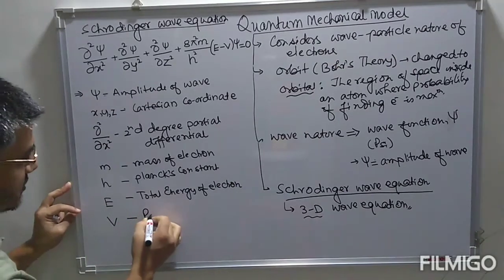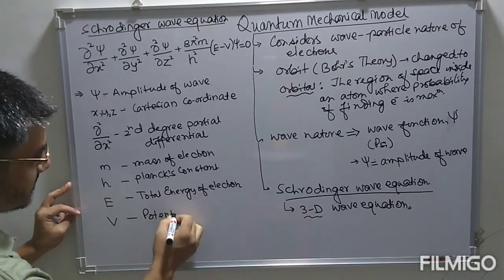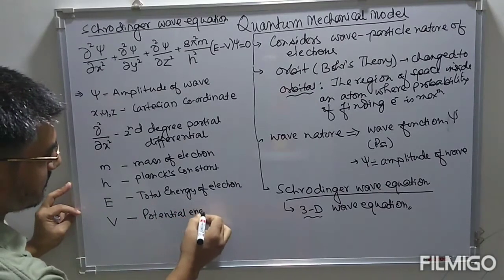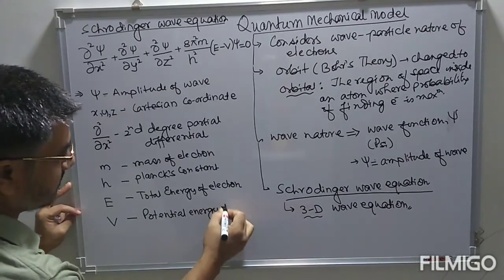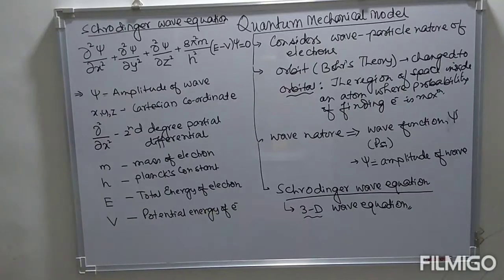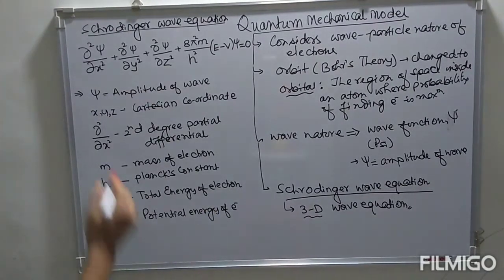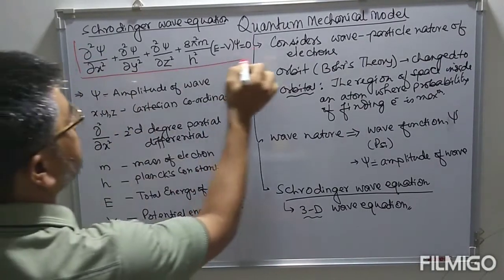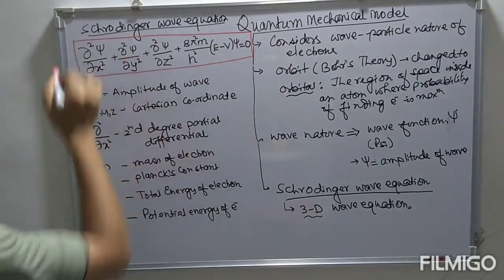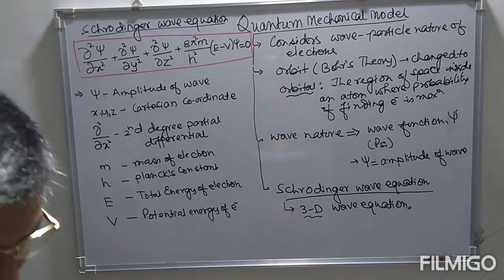V, potential energy of electron. So we have this equation which represents the electron. This is known as the Schrodinger wave equation.